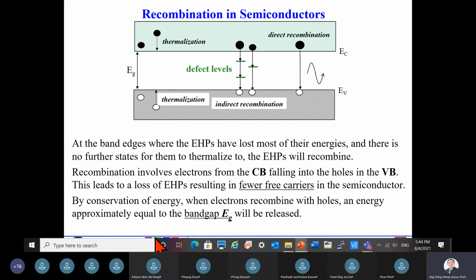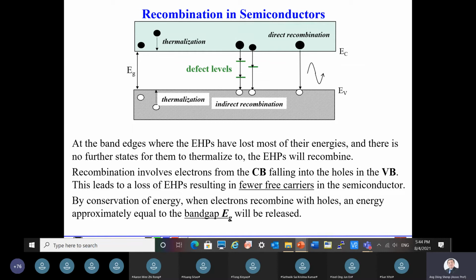Now, why approximately equal and not equal to the band gap energy? This is an important point which might help in your lab session, lab 3. If you may recall, this point was actually already discussed in part 1.